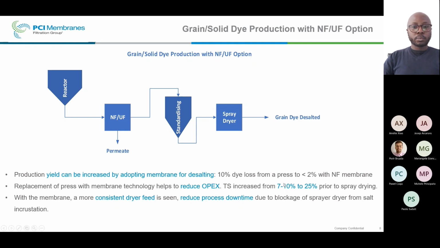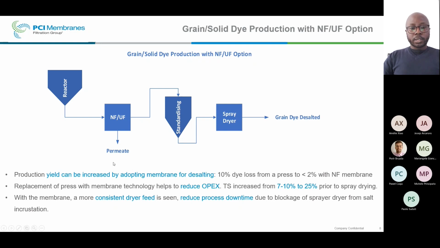In some instances, we might be looking at 10% solid. And then using the membrane technology, we can pre-concentrate the solution up to 25% and sometimes even higher than 25%, to then forward this to the spray dryer.